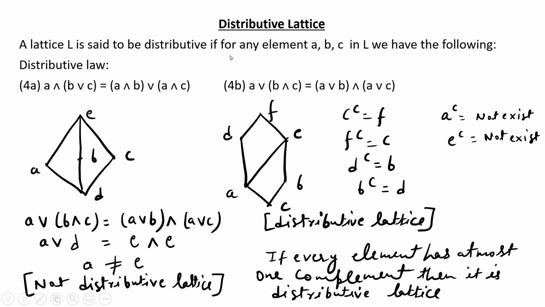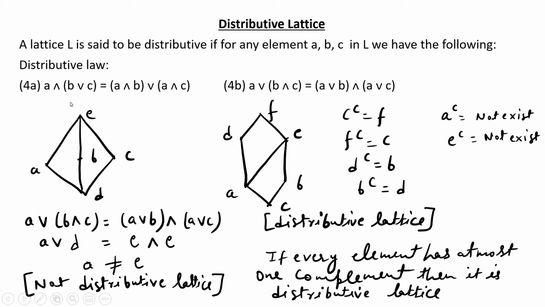We have the distributive lattice. A lattice L is said to be distributive if for any elements A, B, C in L we have the following distributive law property. So a lattice is distributive if it follows the distributive law. For elements A, B, C, A meet (B join C) equals (A meet B) join (A meet C).